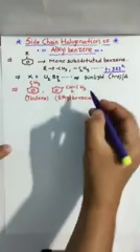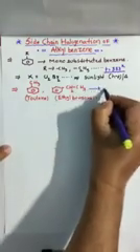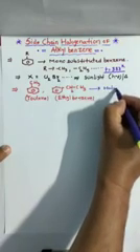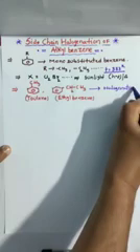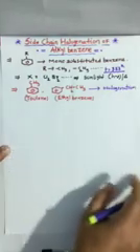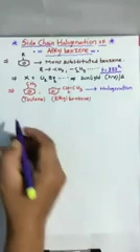Any mono substituted benzene we take, that is alkyl benzene, when it is subjected to halogenation, halogenation is nothing but addition of halogen.